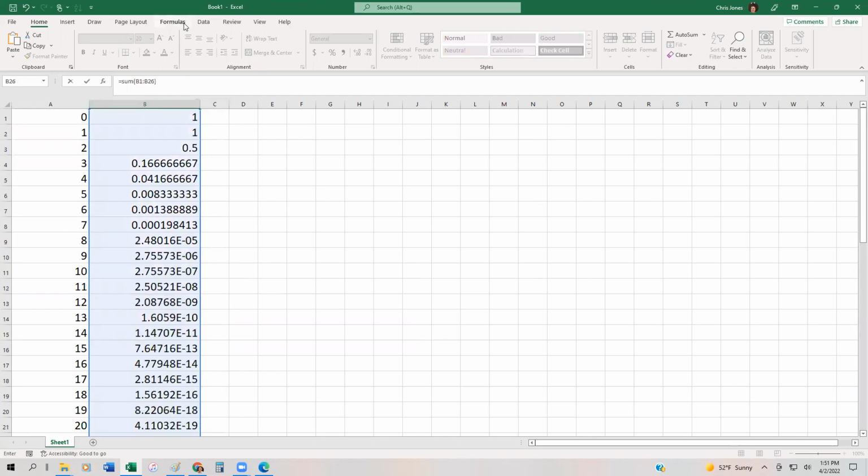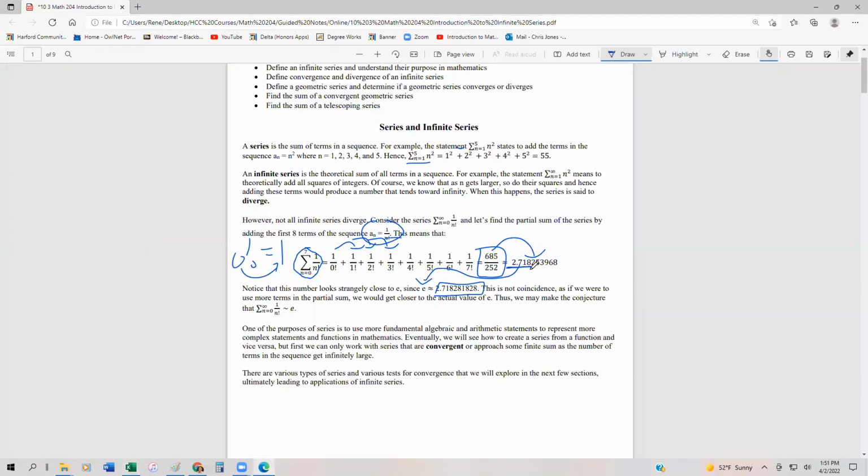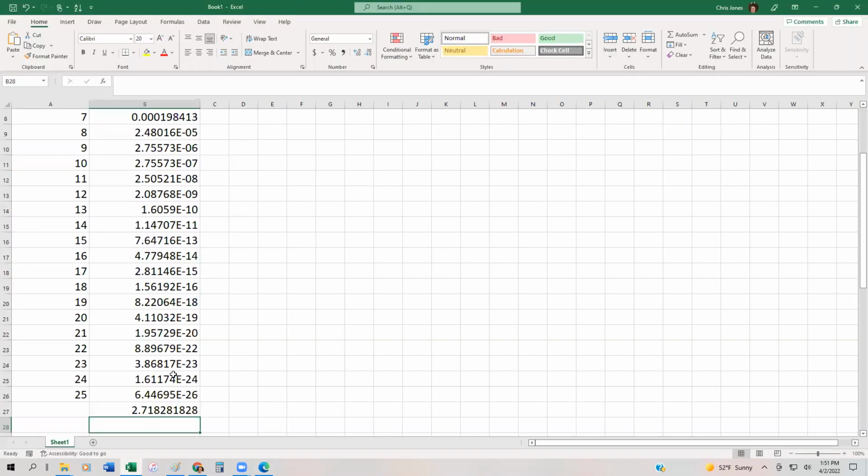And remember, before when we did this, it was 2.718253968. And then this time I just added in several more terms. So check this value out.